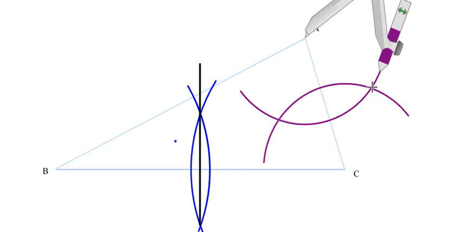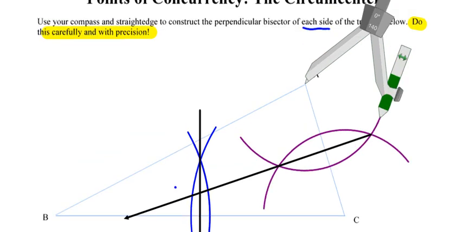And this time when I construct my perpendicular bisector, I'm going to draw a nice big perpendicular bisector that extends quite some distance, really from both sides of the triangle, or through 2 sides of the triangle. And then lastly, I'm going to construct the perpendicular bisector for side AB.